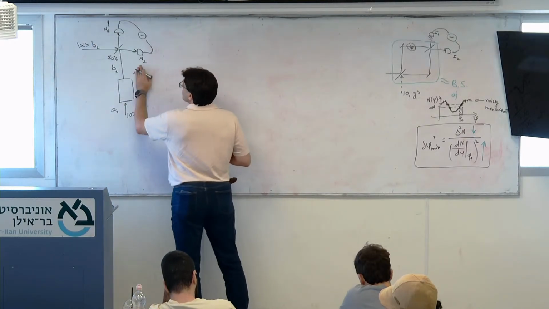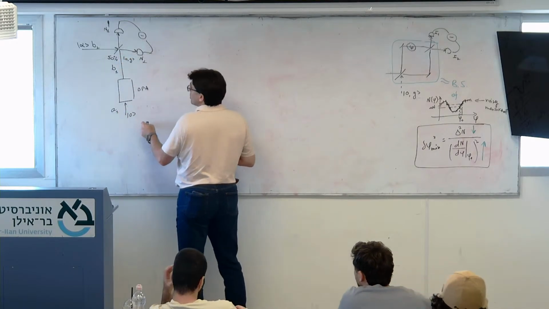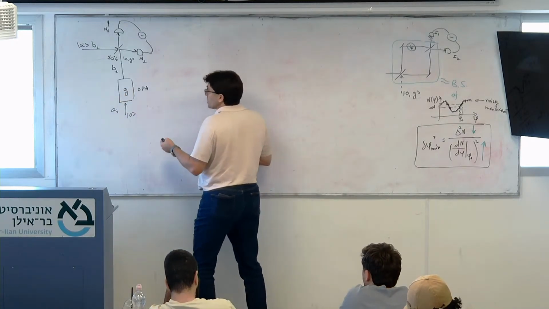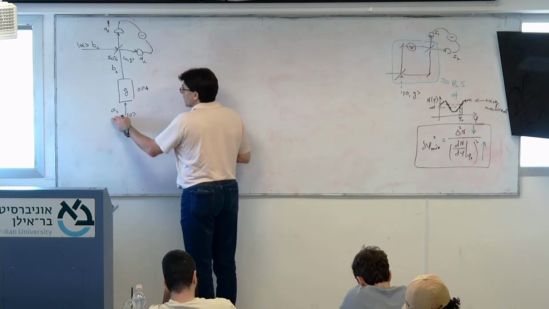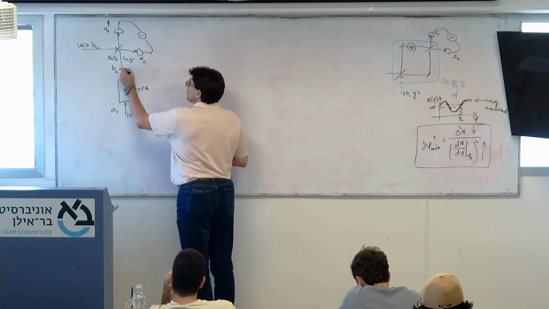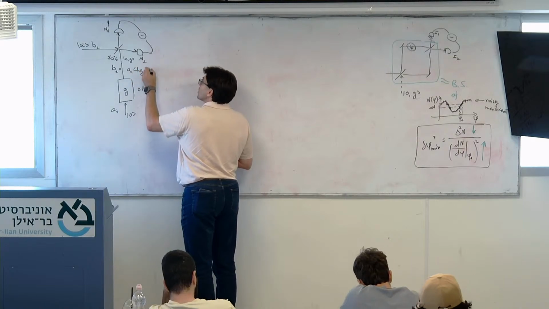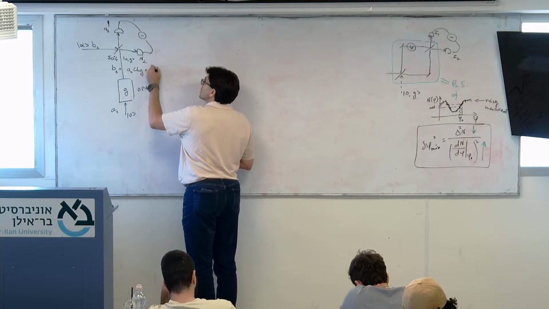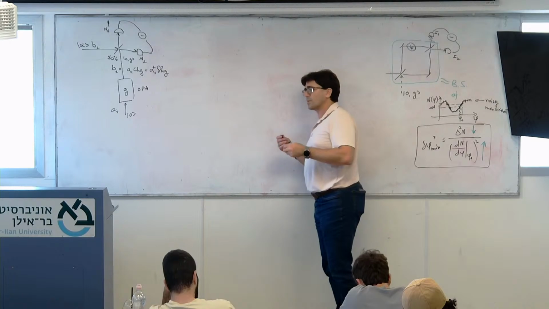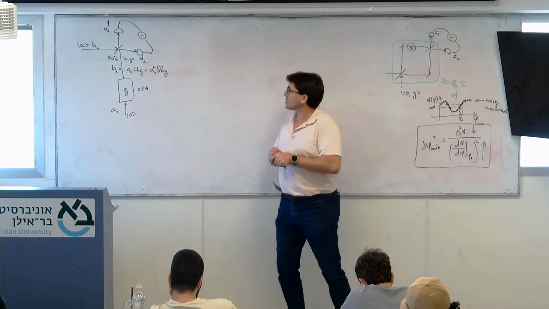Here there's going to be squeezed vacuum, but I don't need that because I know this is an OPA with a gain of G. So I know the relation between the input and the output of a parametric amplifier. So B1 equals A1 hyperbolic cosine of G plus A1 dagger hyperbolic sine of G. If you remember, it had to do with the fact that the parametric amplifier amplifies one quadrature and de-amplifies the other. We've done that already.